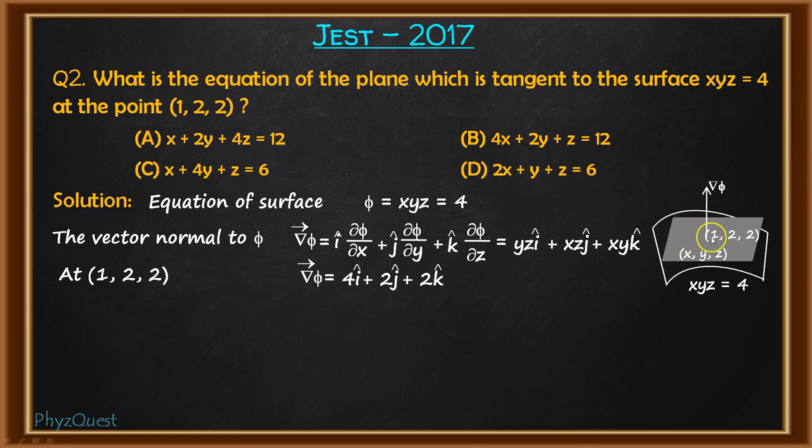If you join a line from the point (1, 2, 2) to the point (x, y, z), that is a vector lying on the plane, and this vector is perpendicular to the gradient of phi. So if we take the dot product of both vectors, it will come out as 0.